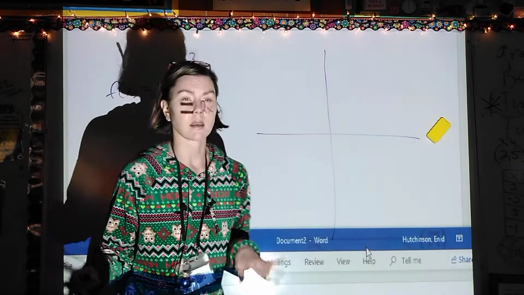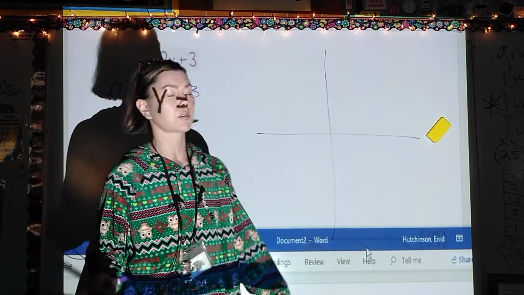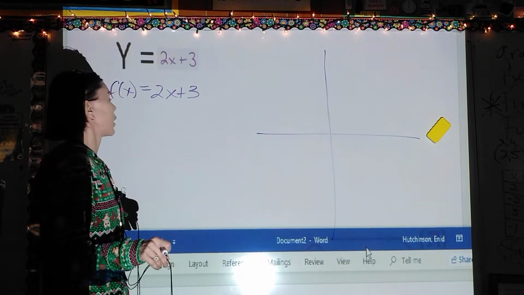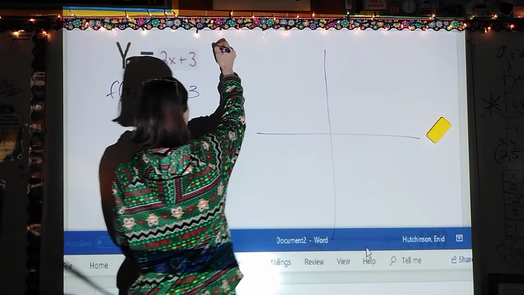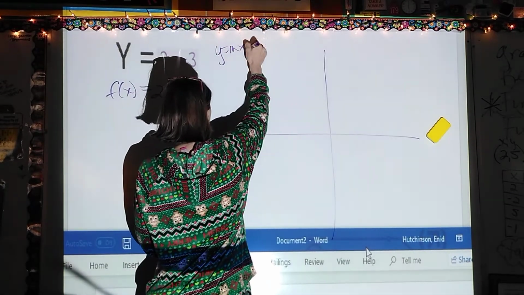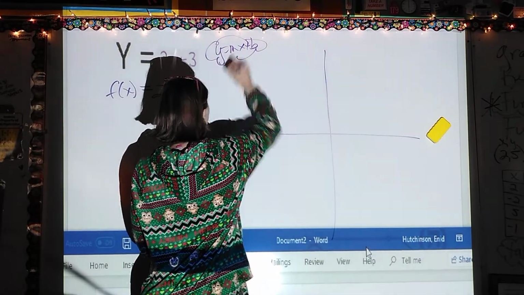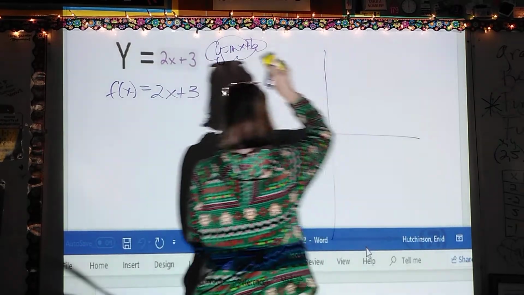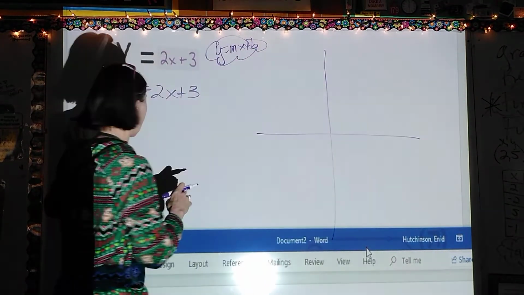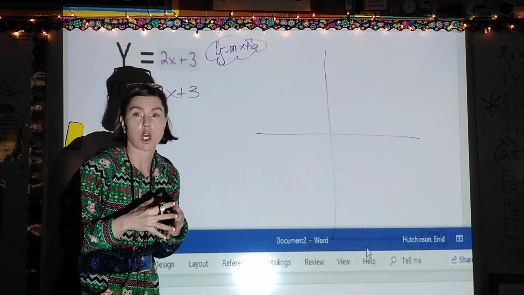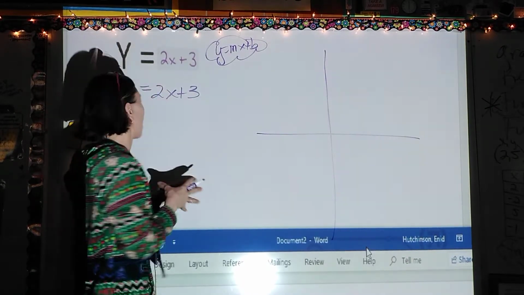So here we go. Back in the day, unit 3 ago, here's y equals 2x plus 3. And we know that the equation of a line is y equals mx plus b, right? And so in the past, when I were to tell you, we're going to graph the equation of a line, what do we do?